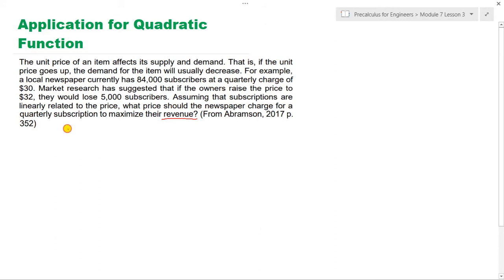Let's say this is plan A. Their plan A is that currently they have 84,000, right? So 84,000, and what they charge for their newspaper, since they sell newspapers, is $30 per subscriber. So these 84,000 are their subscribers or customers who buy their newspaper.